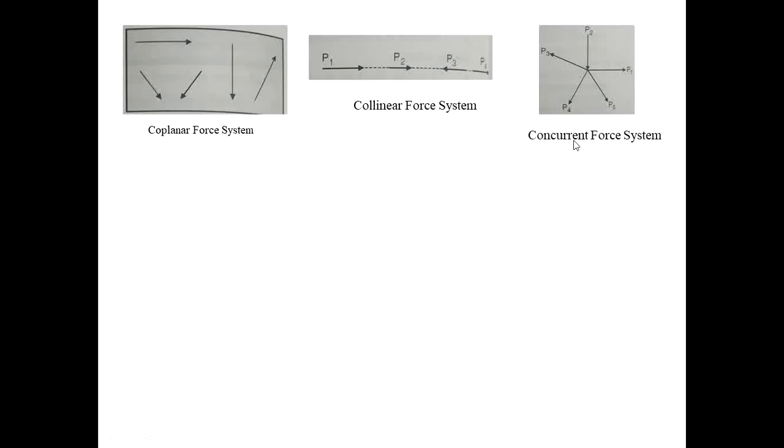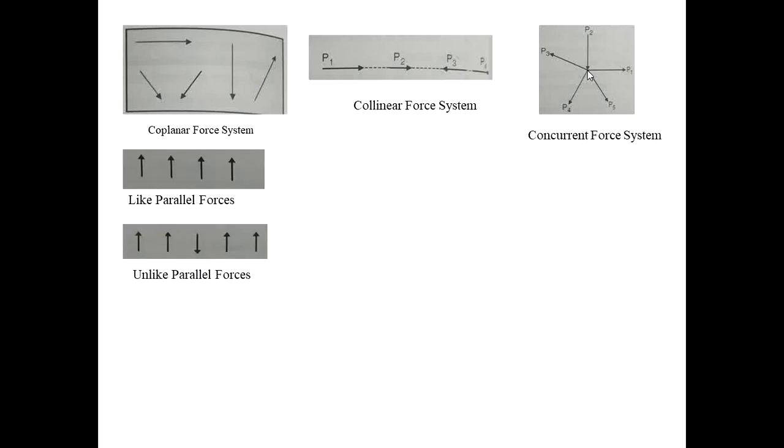Next, concurrent force system. In concurrent force system, all forces meet at a single point. That particular system is called a concurrent force system. Then parallel force system. Parallel force system is subdivided into two categories. First one is like parallel forces.